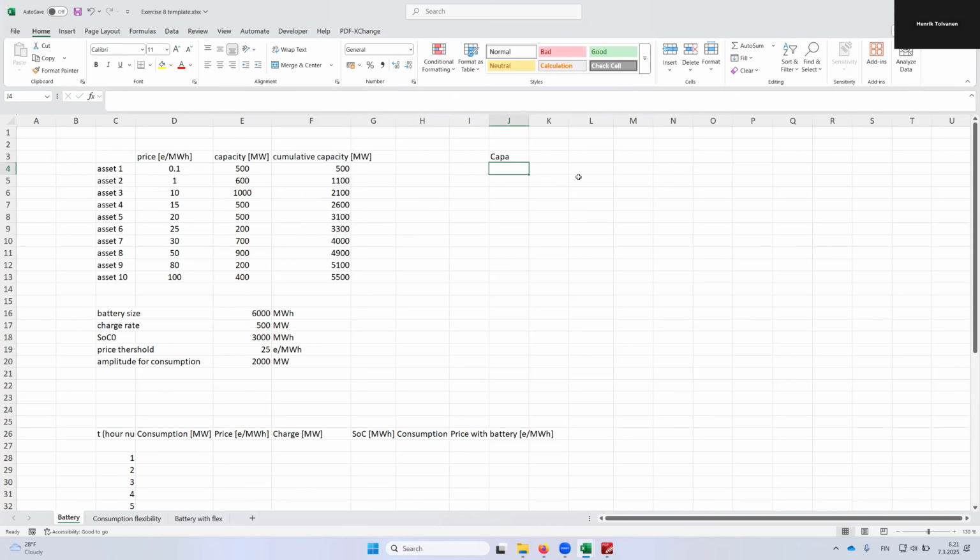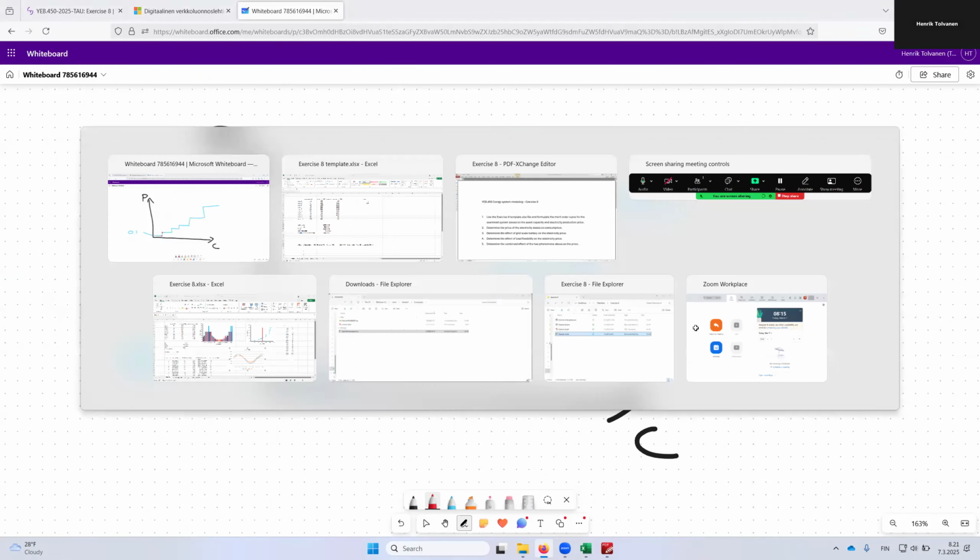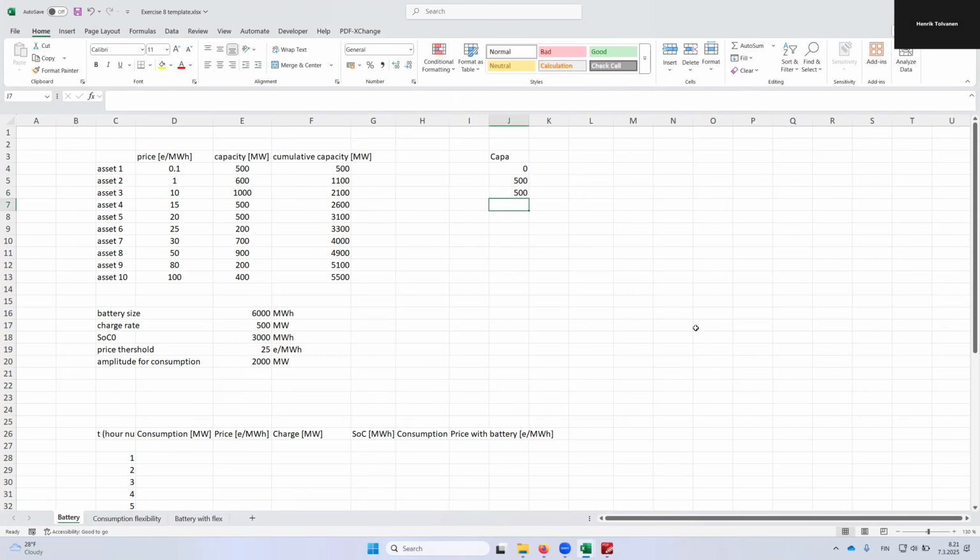So it starts from 0, and the next number is going to be this one. And the next point in here, you need 500, and then you need 500 again. So we're going to do it like that. So as I said, this is going to be a bit of manual labor. I didn't quite figure out any other way of doing this easily.